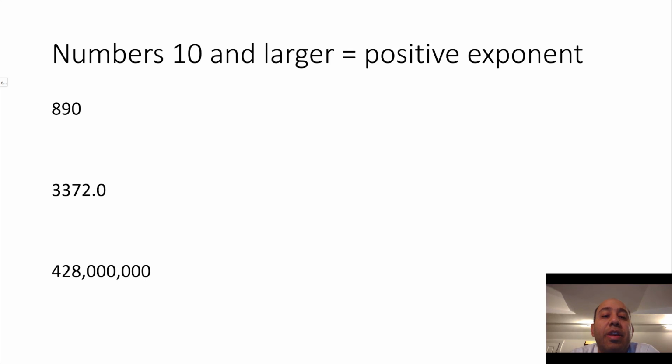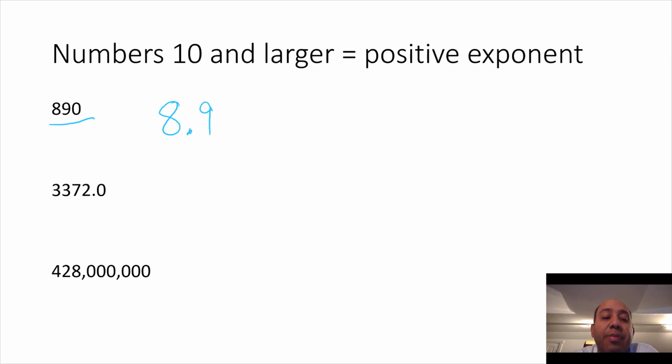Okay, so numbers 10 and larger always have a positive exponent. So you can see that for the first one, 890, this is not between 1 and 10. So you have to rewrite the number so the coefficient is between 1 and 10. So you wouldn't write the 0 because there's no dot anywhere in the number.